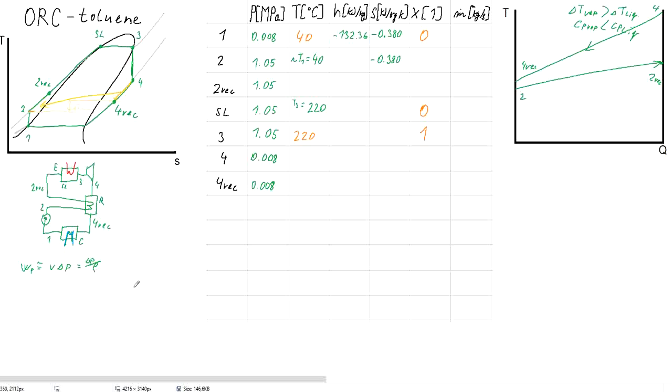If we know the density, in this case approximately 848.9 kilograms per cubic meter, we will get the work of the pump as 1.23 kilojoules per kilogram.